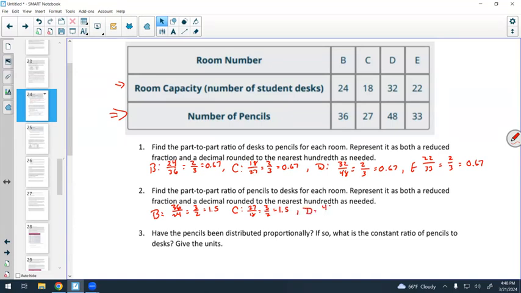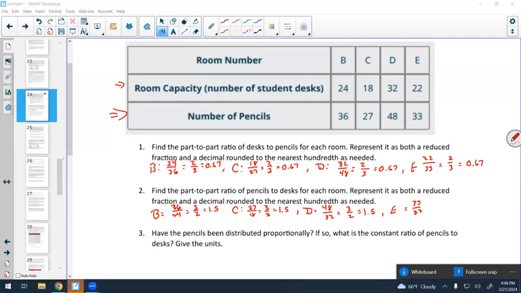D would be 48 to 32, which will also be 3/2, or 1.5. And E would be 33/22, which would also be 3/2, or 1.5.